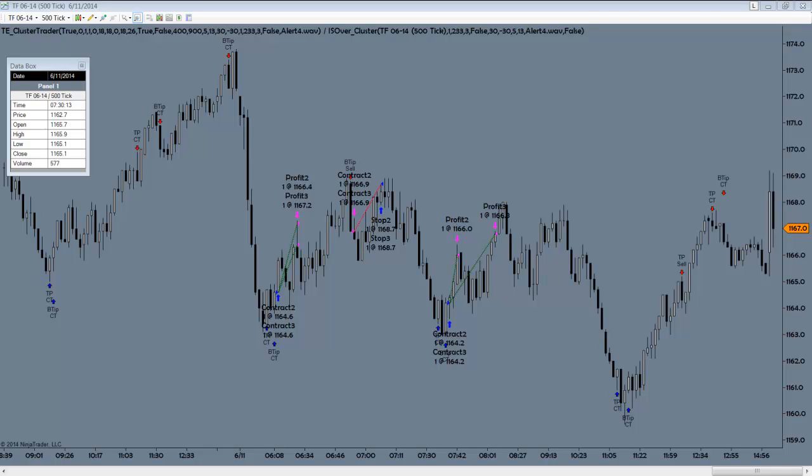I've got the mini Russell up right here, and it's on a 500 tick chart, and I've got some of the cluster trader up on the chart itself. When we think about day trading, setups and signals, systems, auto trading, there's three basic parameters that we can adjust, three families. The first, considering that we're looking at a market, is the chart type and period value. We're looking at the mini Russell here.